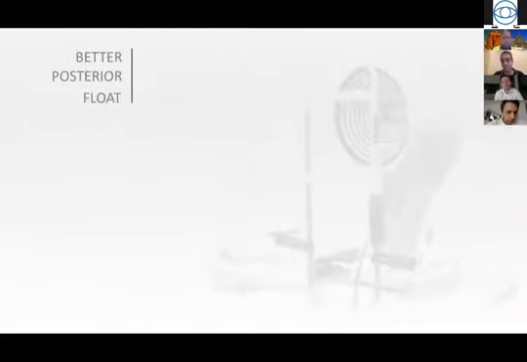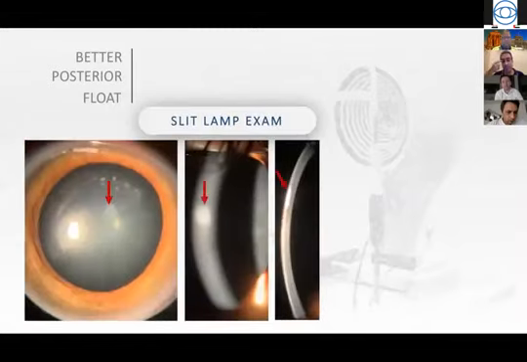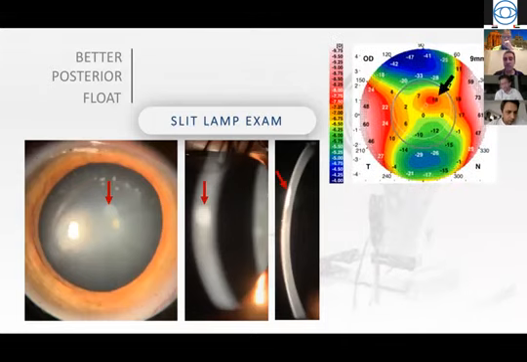Now, how about better posterior float? Let's take a look at that patient who had a small disc scar anteriorly in the cornea. Let's take a look at what Scheimpflug would show from the posterior best fit sphere, and you could see a cone-like elevation. If that elevation was somewhere even more centrally or inferiorly, we would think of possible keratoconus. But we always need to look at the exam before diagnosing a topography or a tomography.